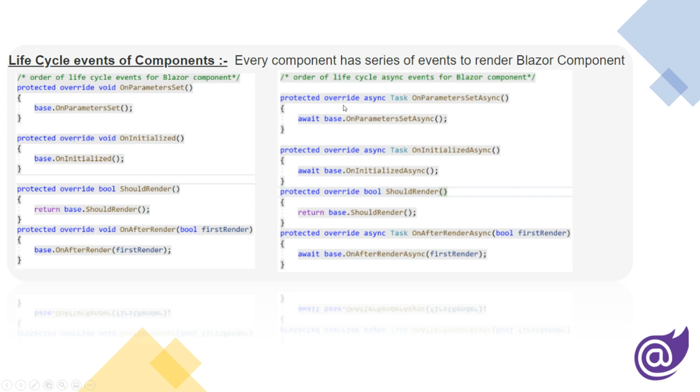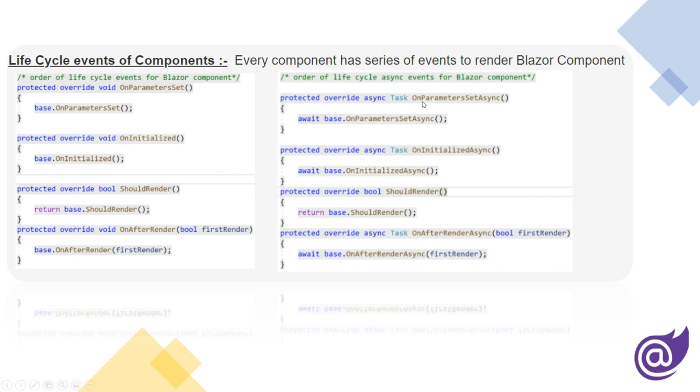These are the asynchronous methods. This is quite useful for the Blazor hosting model, because that is using a single-threaded application. So we can use asynchronous communication. If there is any asynchronous communication in the business layer or data layer, we can use it, but we can use this one also.